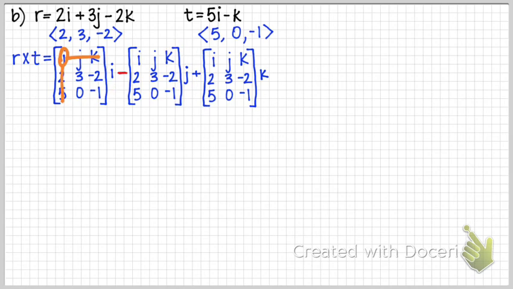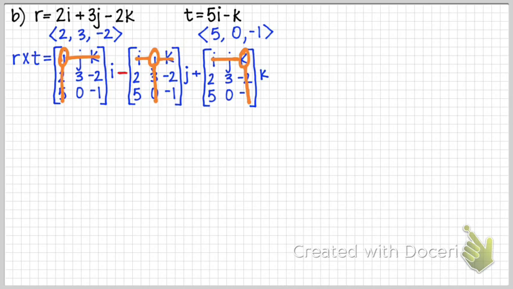We want to find j in the second one, so we'll cross out the row and column that j is in. And then k, we'll cross out the row and the column. So now we'll go through and solve for our determinants.